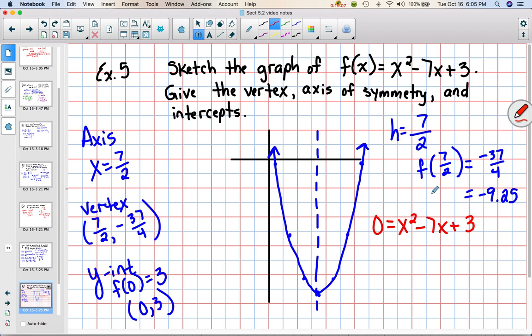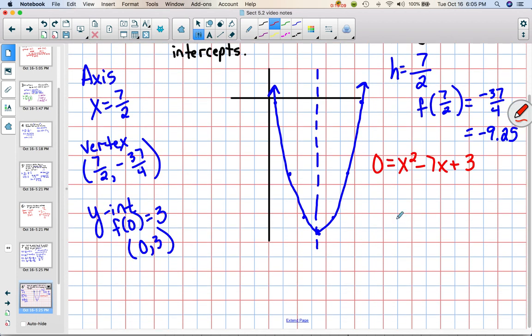It is not factorable, so I'm going to use the quadratic formula. So x equals opposite b plus or minus square root b squared minus 4ac. You're singing it, aren't you? All over 2a.